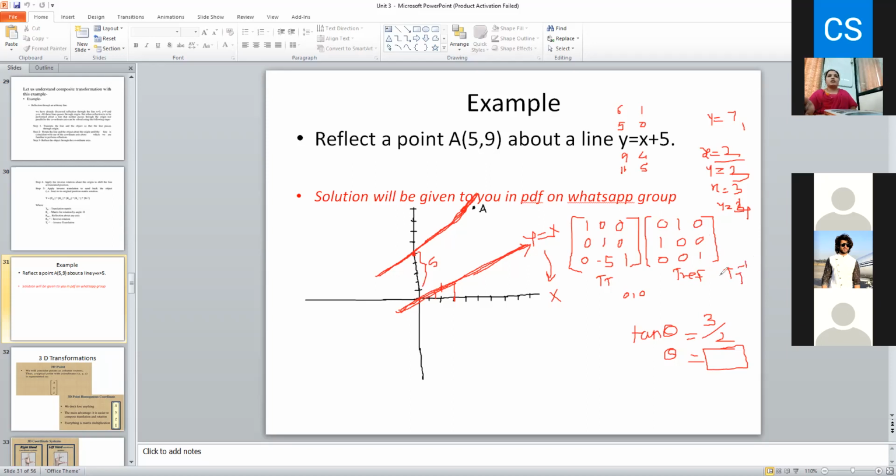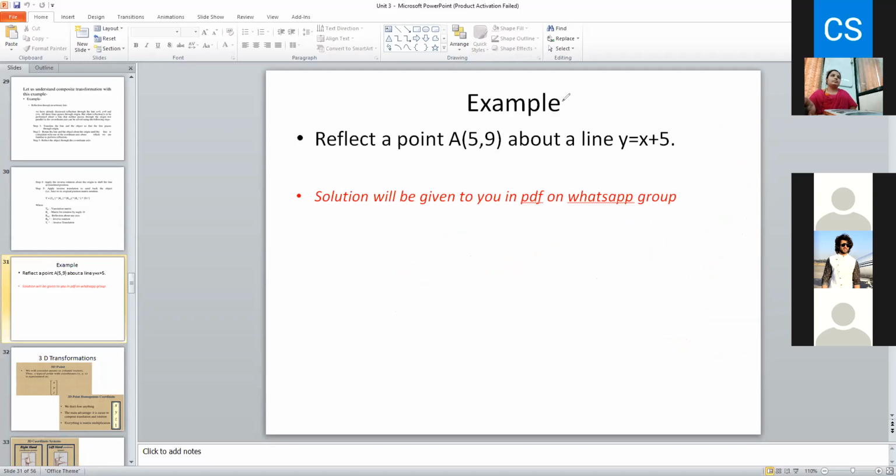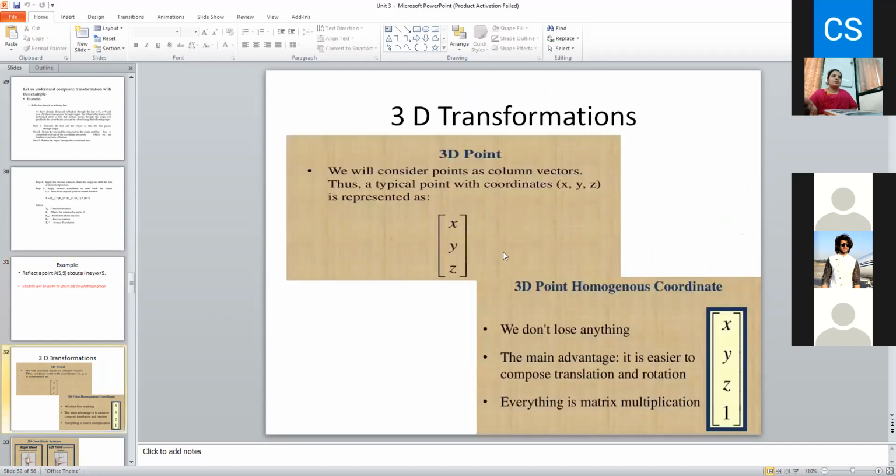So inverse translation is the third step you have to take. Okay, so this is how the reflection about arbitrary line is carried out. So that is about all 2D transformations are over.